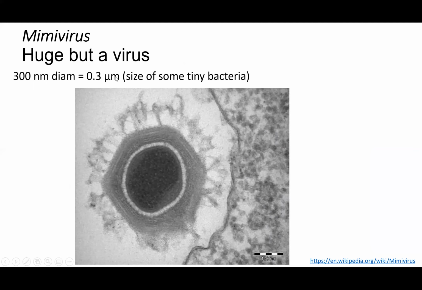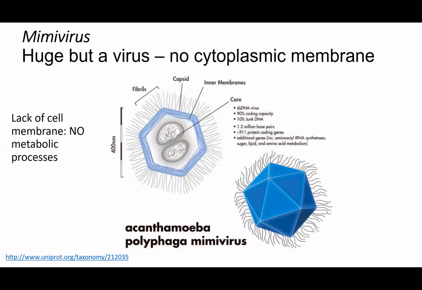It is 0.3 microns wide, which is about the size of some tiny bacteria. To put that in perspective, when you were looking at Staphylococcus in the lab, it is approximately 0.5 microns, or micrometers, wide. So it is a pretty hefty virus. It has no cytoplasmic membrane. It has no cell wall. It has no metabolic processes, but it has a core itself.